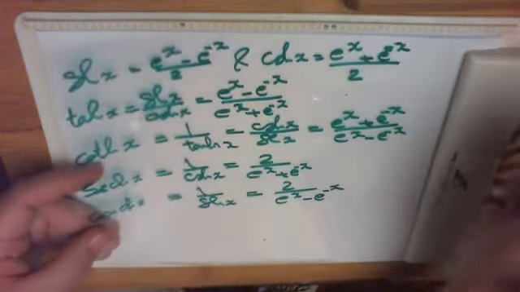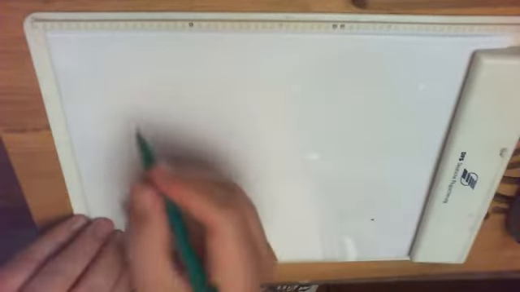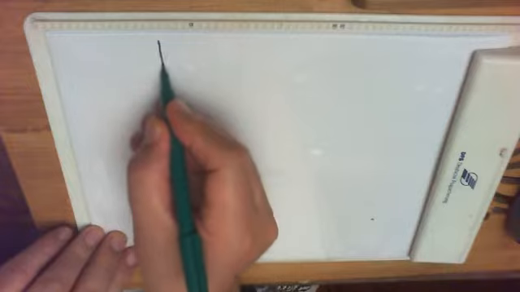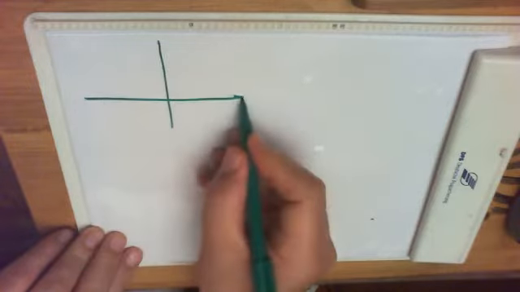Also, we studied how to obtain the graphs of these functions. Let us remember these graphs together. The graph of sinh, if you remember, I told you it is similar to that of x cubed.